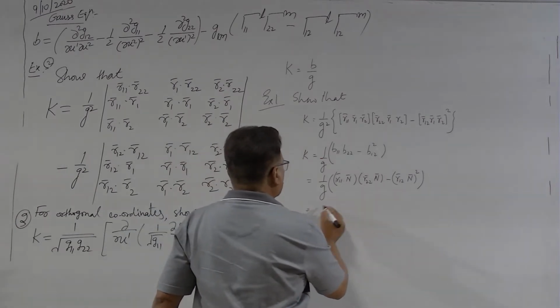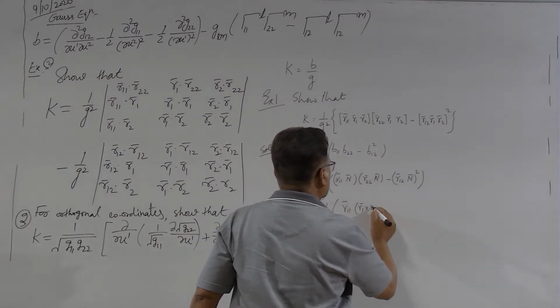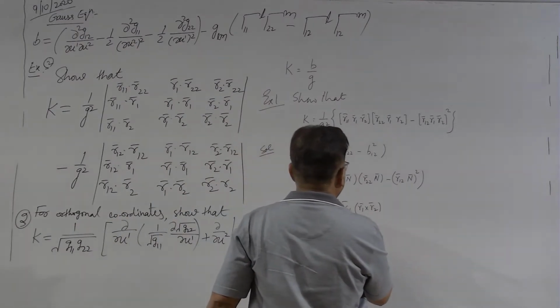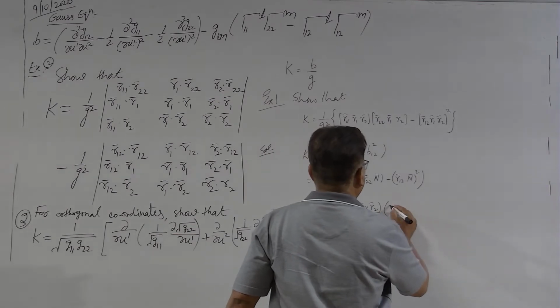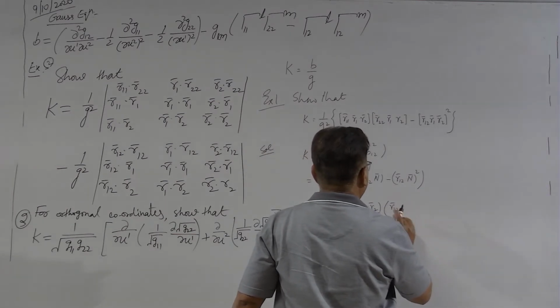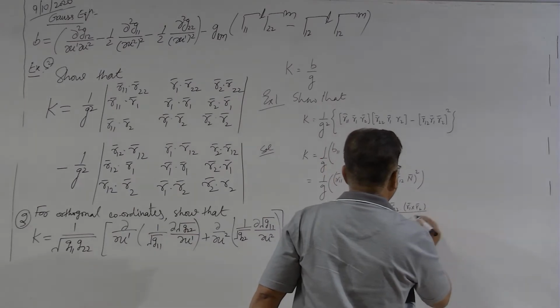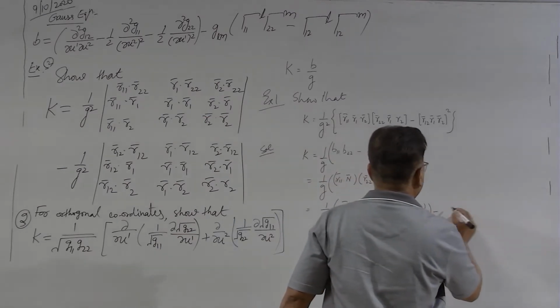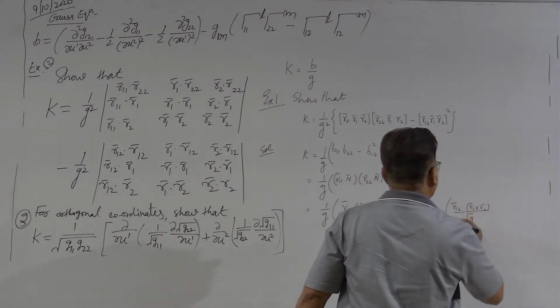And n can be written as R1 cross R2 upon modulus of R1 cross R2, which you can write down as under root G. Similarly, in this bracket you will write down R22 dot R1 cross R2 upon under root G. Then minus R12 dot R1 cross R2 upon under root G whole square.